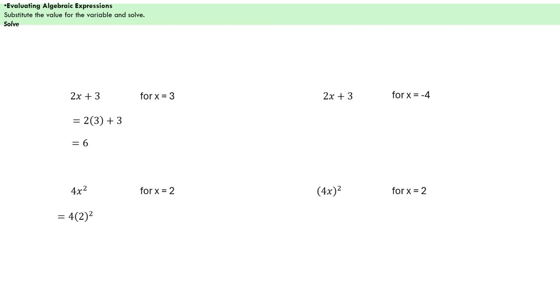When you see an exponent like this, it applies only to the variable that it's next to. So if x has a value of 2, we first do the exponent, 2 to the exponent 2, which is 4, and then we multiply that by 4 to get 16. Back up to 2x plus 3, where x equals negative 4.